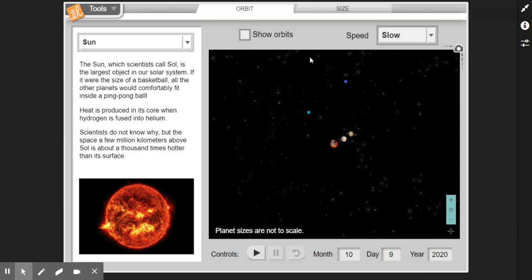So now we can see the rest of the planets in our solar system. Okay, and now it says, hey, what are the names of the 4 outer planets? So we've got Neptune, we've got Uranus, we've got Saturn, and we've got Jupiter. Okay, and those are the 4 outer planets.